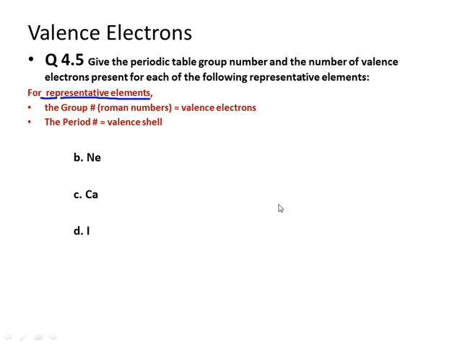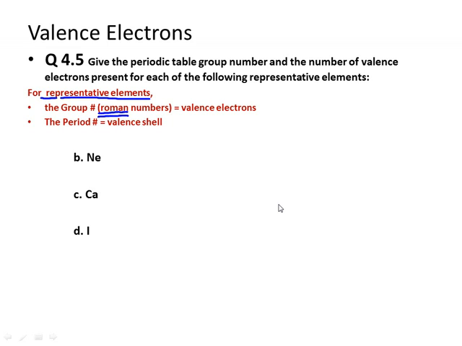For representative elements, the group number is equal to the valence electrons for those elements, and the period number is equal to the valence shell in which these valence electrons live. I would also like to point out that when you're looking at the group numbers in order to determine valence electrons for the representative elements, you need to look at the Roman numerals in the periodic table.